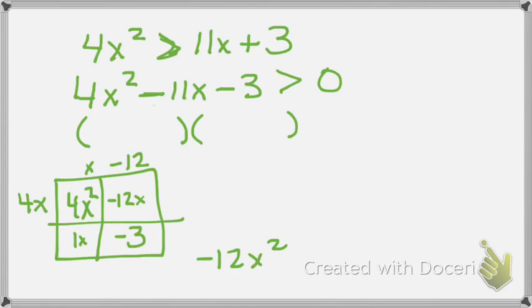All right. So that would be an x and then a -3, which means I need a 1 down here. So that means I factor to 4x plus 1 and x minus 3.